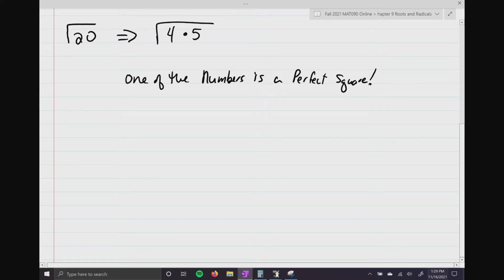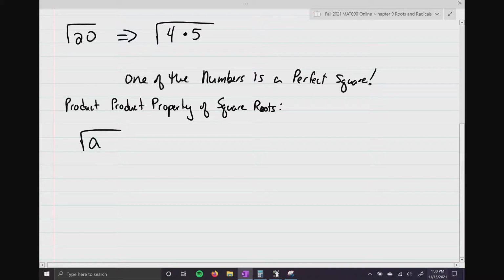The product property of square roots says that if I have the square root of two numbers, it can be a bunch of numbers, okay? It could be as many numbers as I want underneath. But these two numbers, A and B, are non-negative.